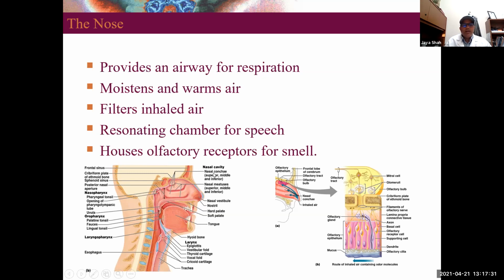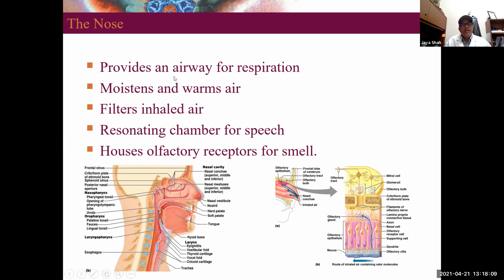Each turbinate is called a concha, and we have done that in the bone. So this is superior, middle, inferior conchae, and then the cavity underneath is called meatus. These meatus have direct or indirect communication with the cavities in the bones of the head, and they are called sinuses, like frontal sinus, sphenoidal sinus, maxillary sinus. We'll see that later. Okay.